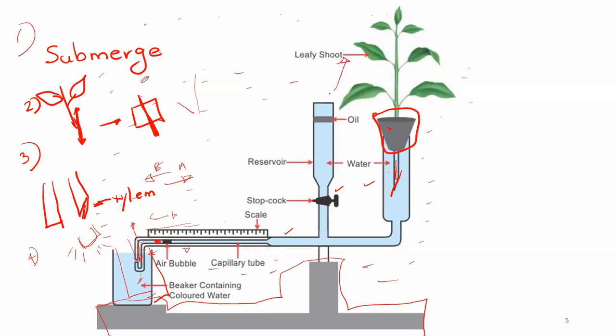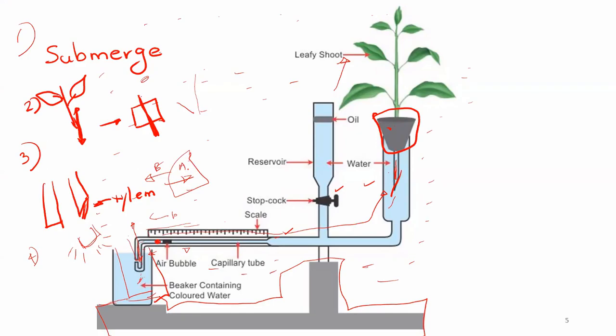So, according to the transpiration, the plant xylem will take in the water. So, the water can be moved through this capillary action to this. Therefore, the bubble also moves in this direction. A direction.